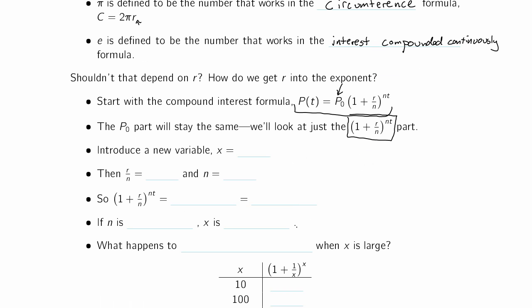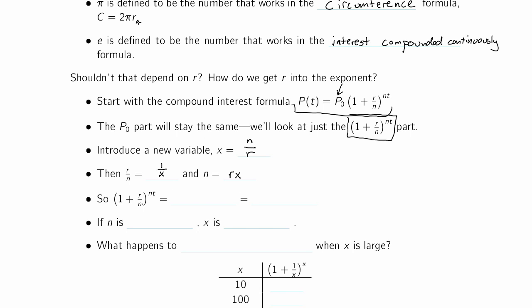The move we're going to make is to introduce a new symbol, x, that represents n divided by r. Which is weird, because that isn't even anything that shows up in this expression we're trying to manipulate. But then the r over n part is equal to the reciprocal of x, and the n part is equal to r times x.